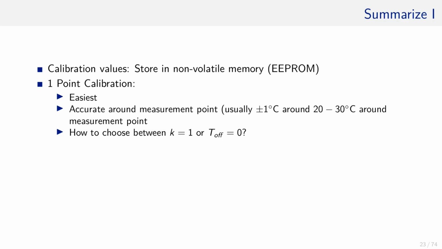How to choose if you modify T off and keep K constant, or vice versa? There is no straight answer. It might be okay to do it for your ATmega 328P, but not for another ATmega 328P. It's all about personal preference.